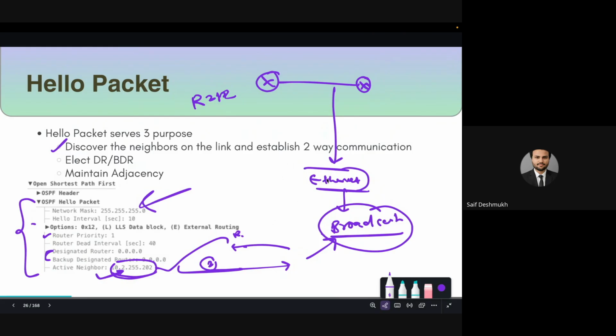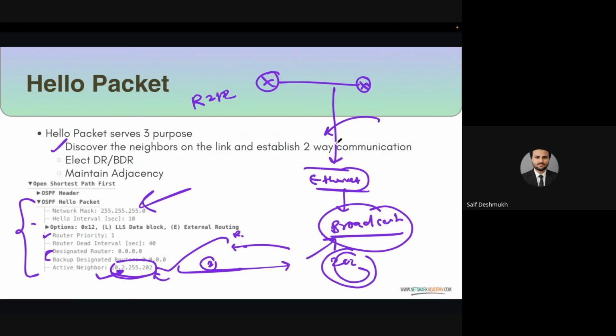So using this active neighbor, on the receiving end, this was router 202, because I can understand based on the loopback 10.2.255.202. This 202 will know, okay, I see my router ID. Somebody sent me a hello, and I see my own router ID in it. That means my earlier hello went to the other side. That's how the two-way communication is established.